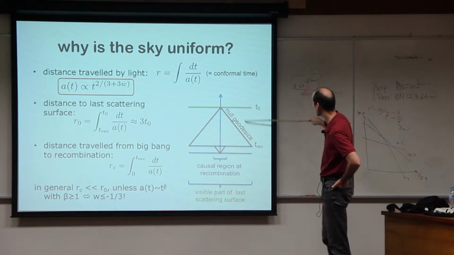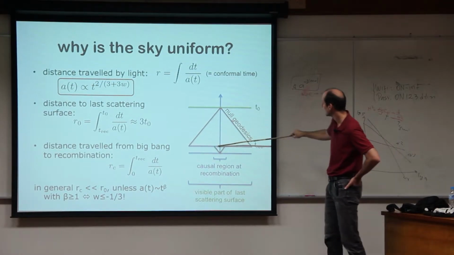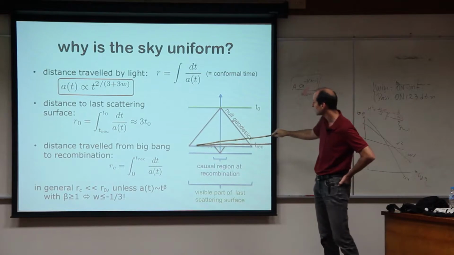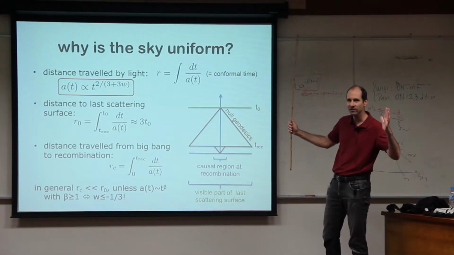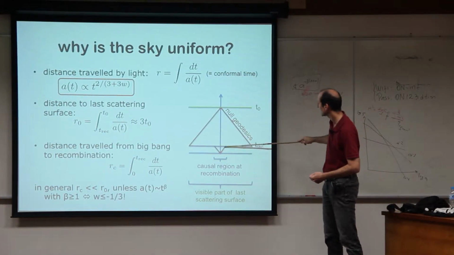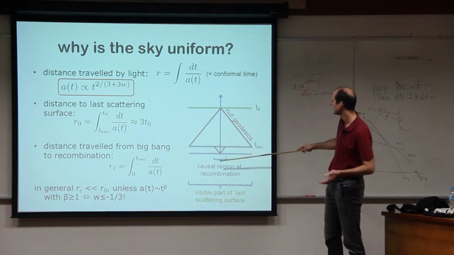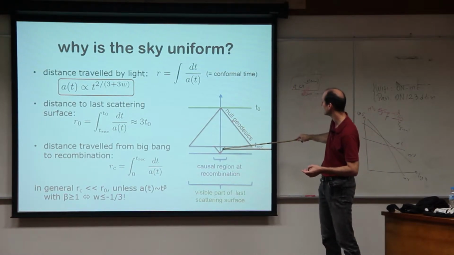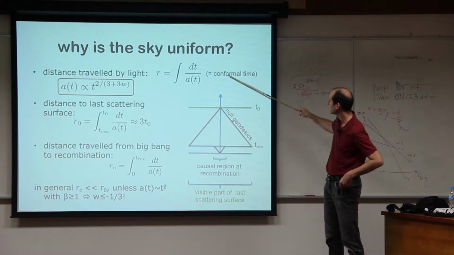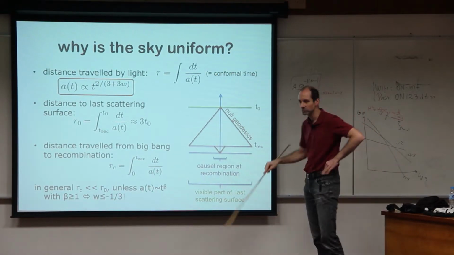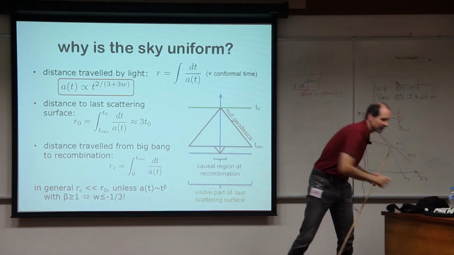Then you can ask yourself, how big is the region that I can see in the CMB compared to the size of the causal horizon at the moment when the CMB was created? You can calculate it. That's the calculation that we already did.